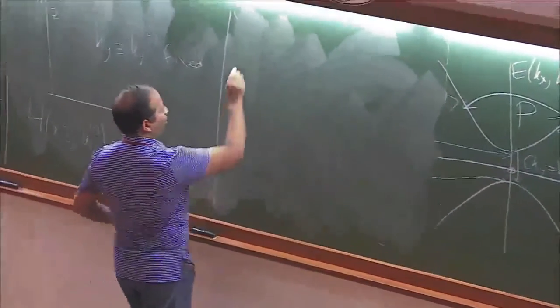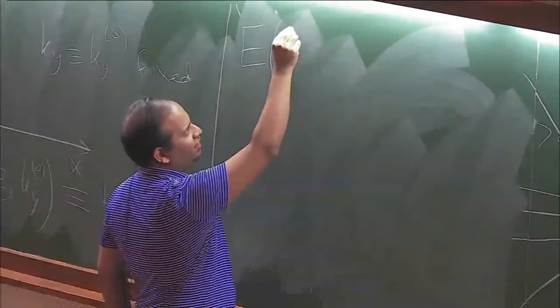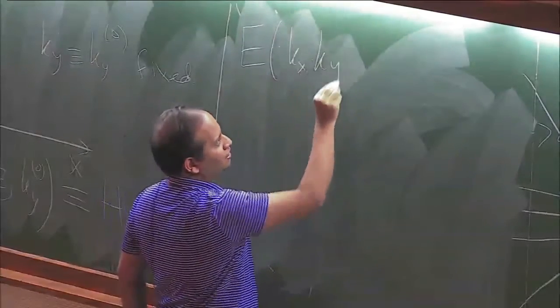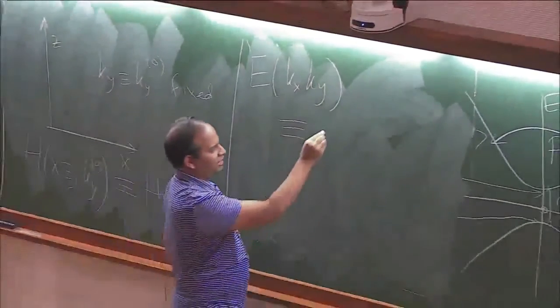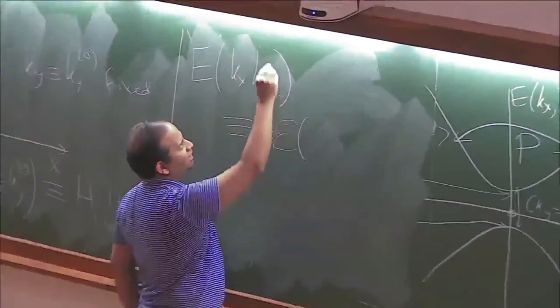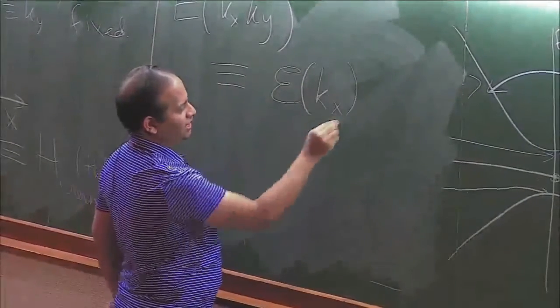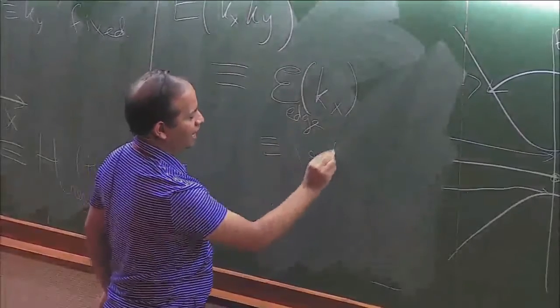Whatever you have on the surface, I don't know exactly what I have, it should be a function of Kx and Ky. But at least at Ky0, it should have the same dispersion as the chiral edge states. So it should be V times Kx.